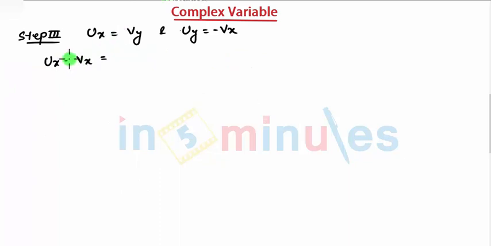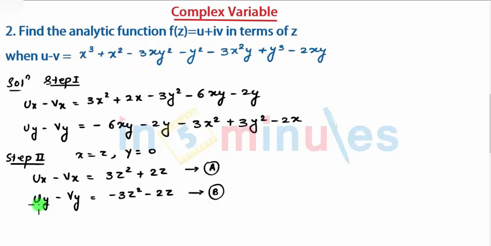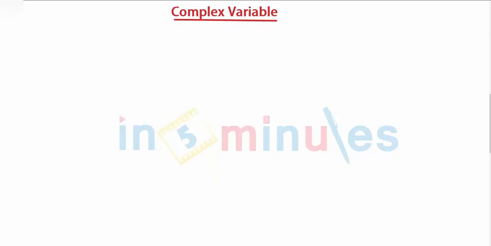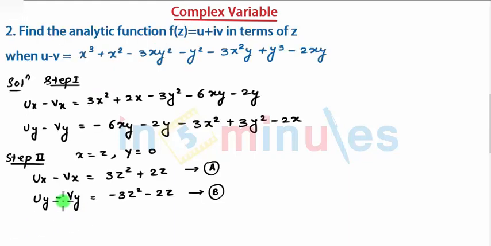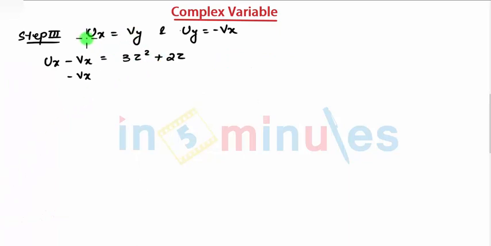The second equation I can write as, in the place of uy I'll write minus vx, and in place of vy I'll write ux, so minus vx minus ux, that is equal to minus 3z square minus 2z.